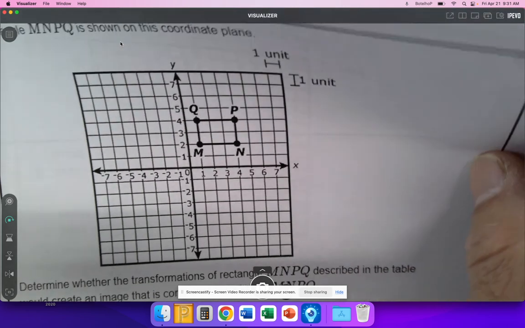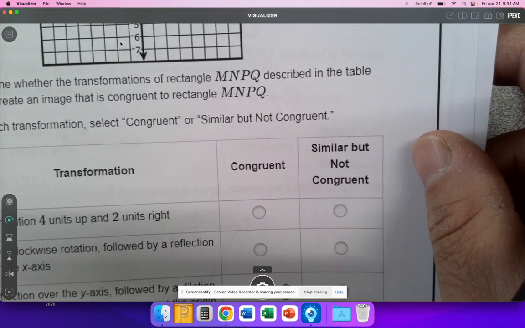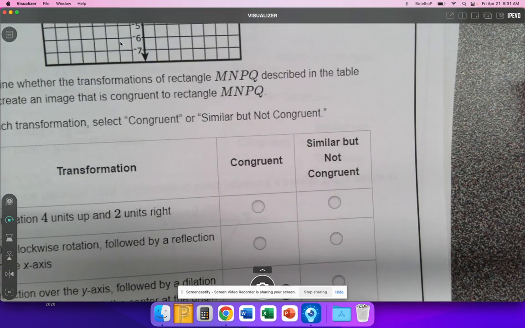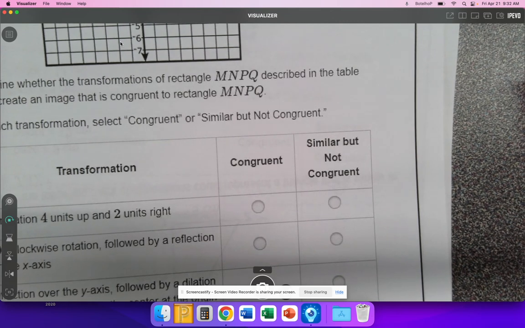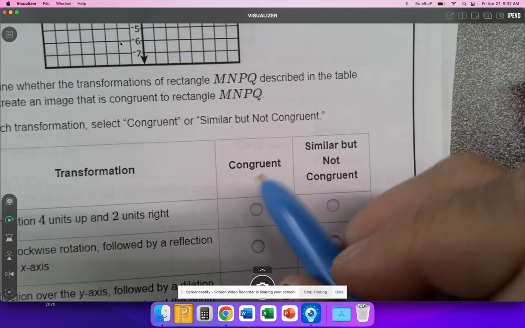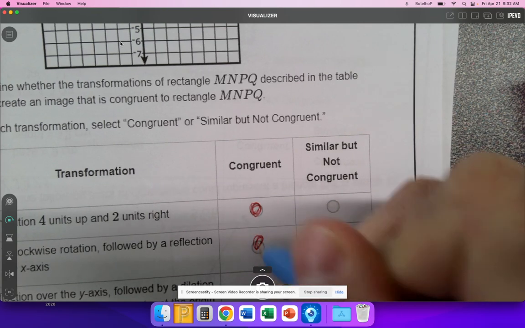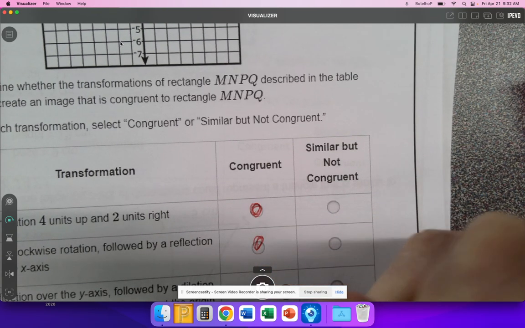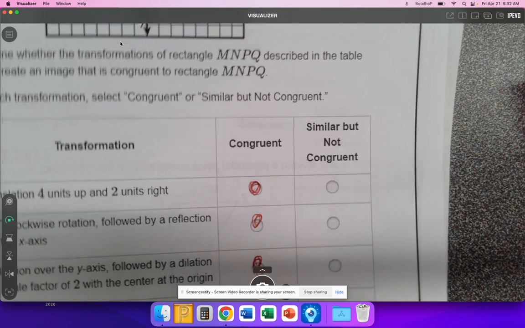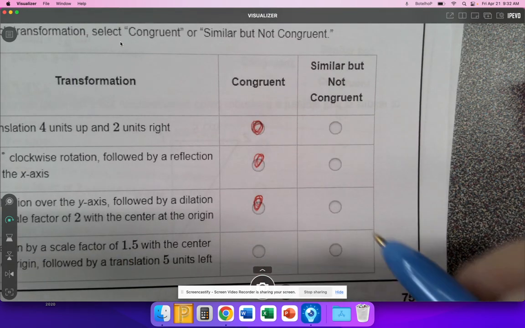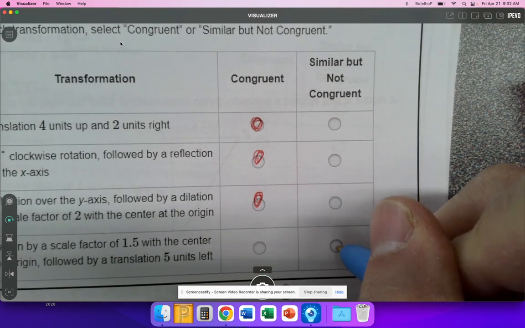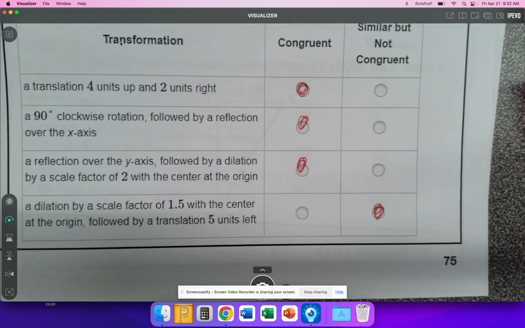Okay, so too easy. Let's take a look here. So if I'm doing this one, all right, that translation will keep it congruent. Rotations will keep it congruent. A reflection will keep it congruent. And then, a dilation. A dilation, that's going to make it bigger. That's going to be similar but not congruent.